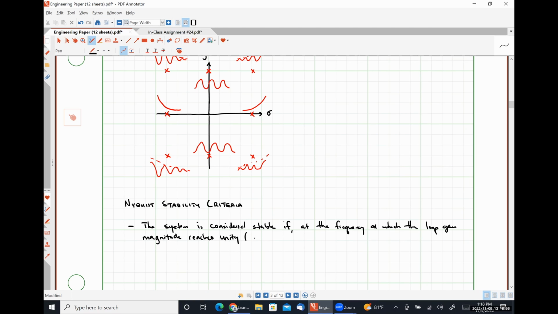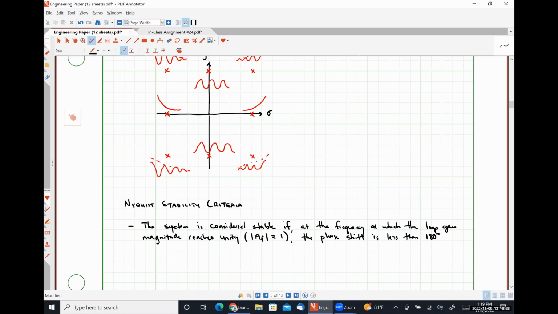So effectively, whenever our closed loop gain is 1, our system is considered stable if at this particular frequency the phase shift is less than 180 degrees. Okay. So under this condition, we have a stable system.